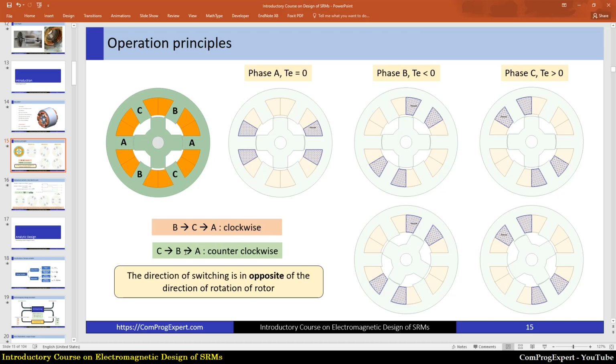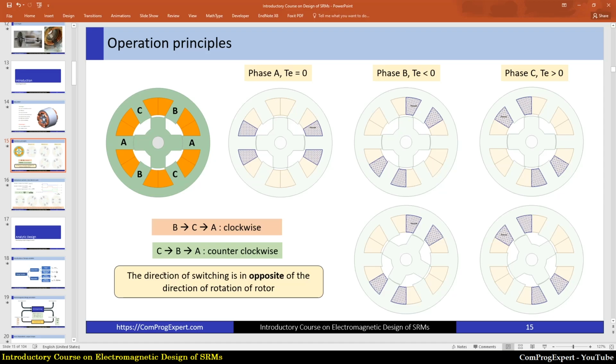And if we have this switching strategy, if we excite the phase C and then excite the phase B and A, actually clockwise switching, we will have a counterclockwise rotation. So in this example, the direction of switching is in the opposite direction of the rotation of the rotor.